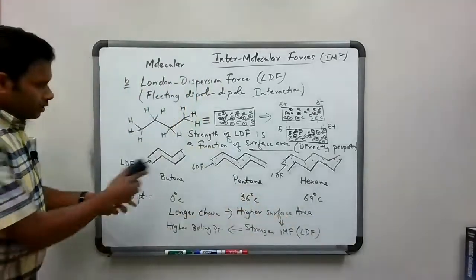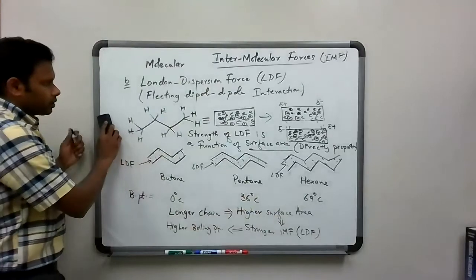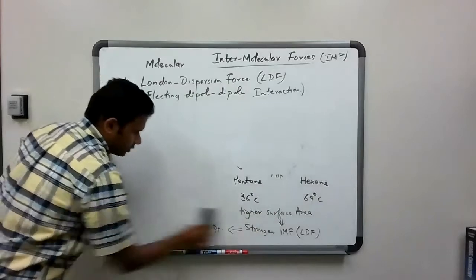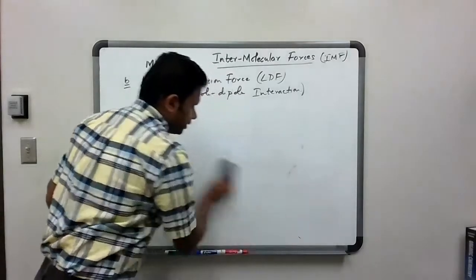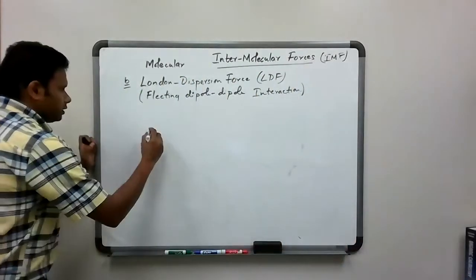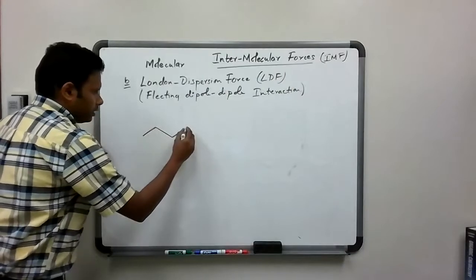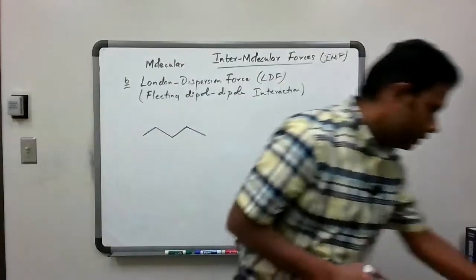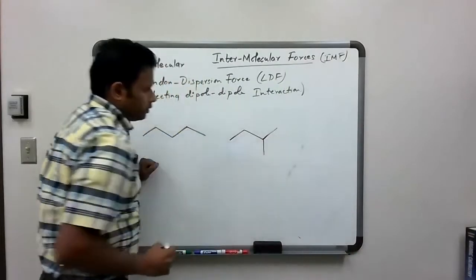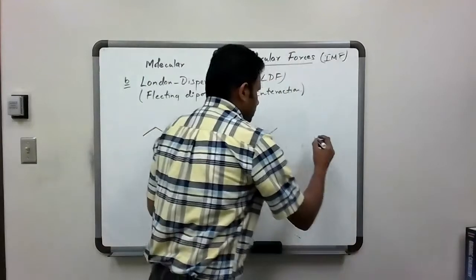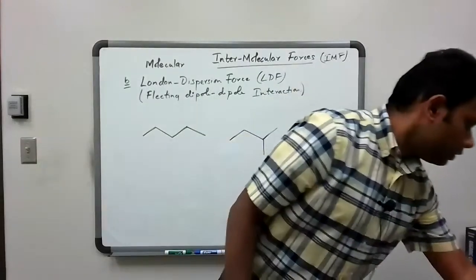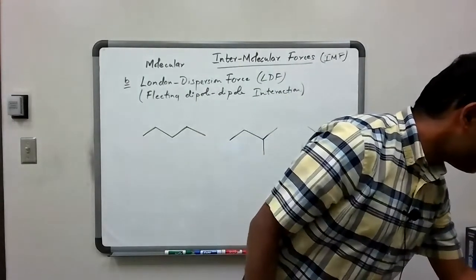And I want to quickly show you another example from the textbook to touch upon another aspect of this. Let's look at another set of molecules where this idea of surface area is going to be exemplified. So let's look at pentane, and we have 2-methylbutane, and so we have 36, 28, 10.